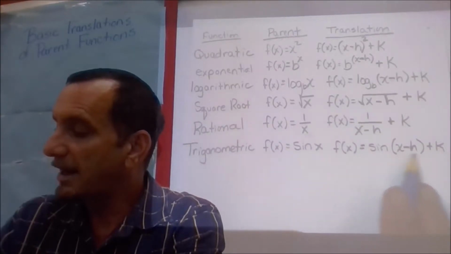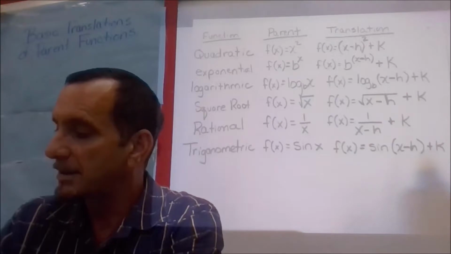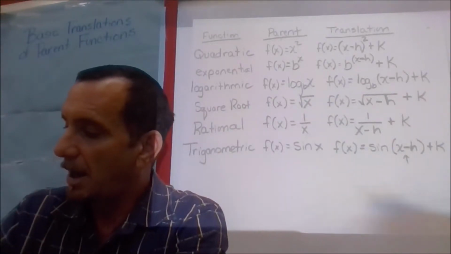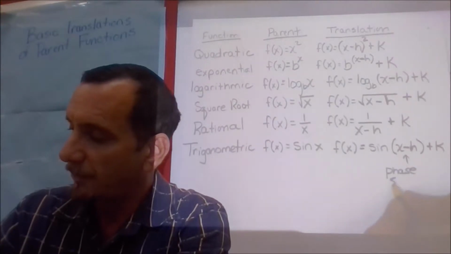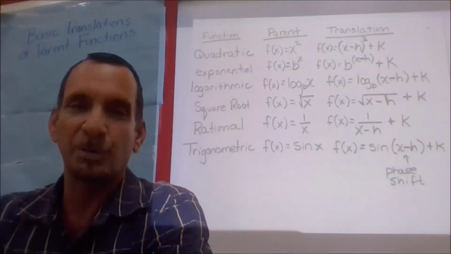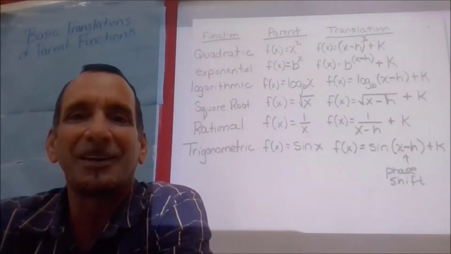When the function moves left or right in a trigonometric function, that's called a phase shift. And we'll learn all about that stuff as we get into trigonometry, precalculus, and even AP calculus.